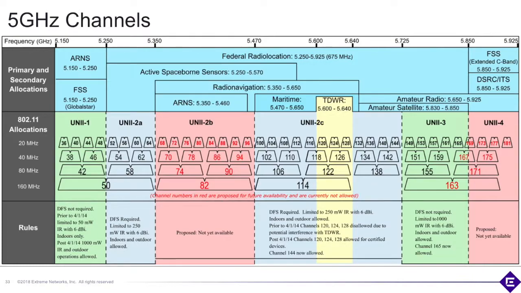A lot of people will eliminate this by not using DFS channels at all, but you can see you're cutting out the majority of your channels if you do this. A lot of times you can still use many of the channels even if you're having some radar events on a certain channel.